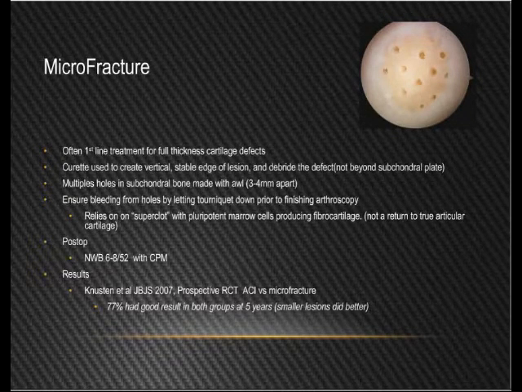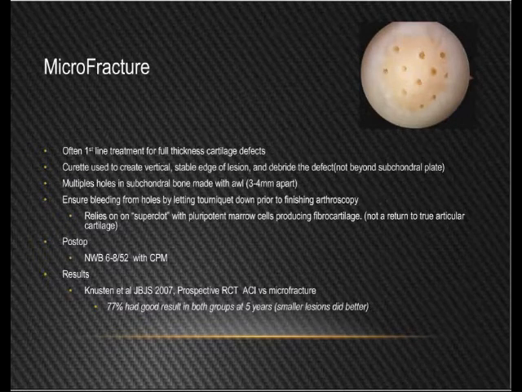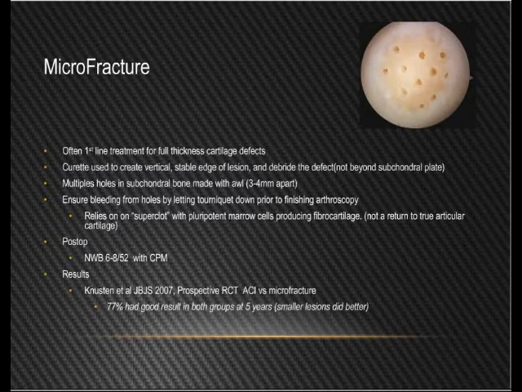Post-operatively, the authors recommend quite conservative management with 6 to 8 weeks of non-weight bearing and also CPM during that time, which they haven't specified how many hours a day or for how long. Microfracture has been studied in a JBJS article in 2007, which compared it to autologous chondrocyte implantation and showed very similar results between both groups, though small lesions in the study did a lot better.